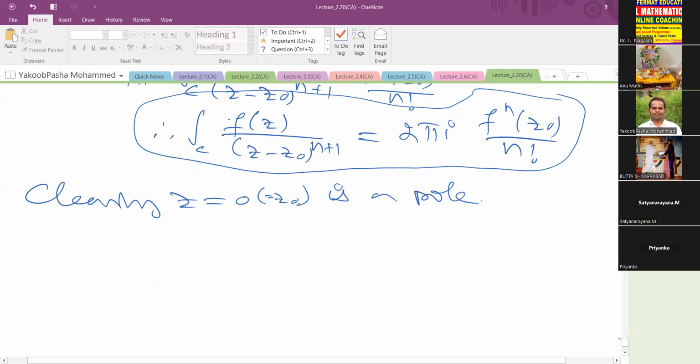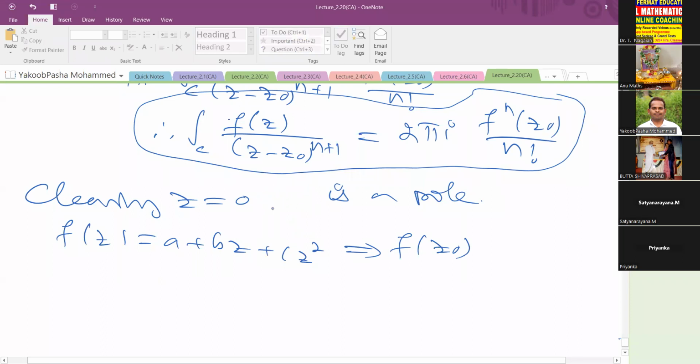First, we have to calculate the functional value at this point, given f of z equal to a plus bz plus cz square. So f of z naught, with z naught equal to 0, is a. Now the first derivative, f dash of z, is equal to b plus 2cz.